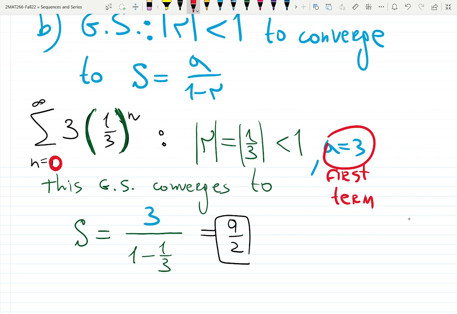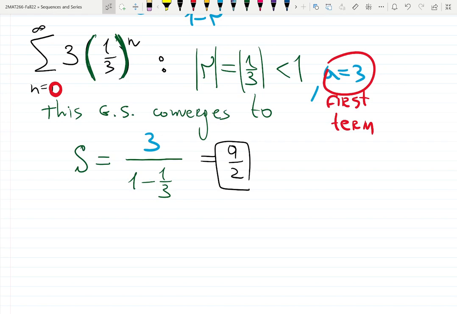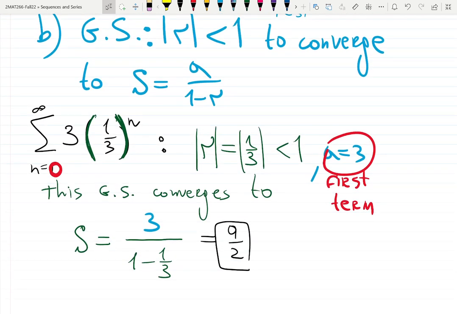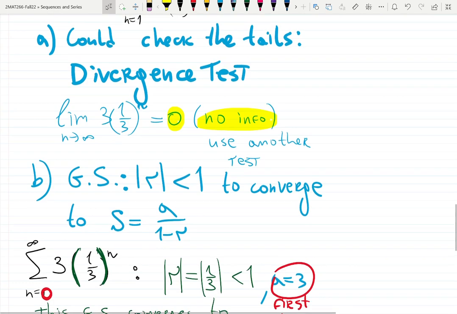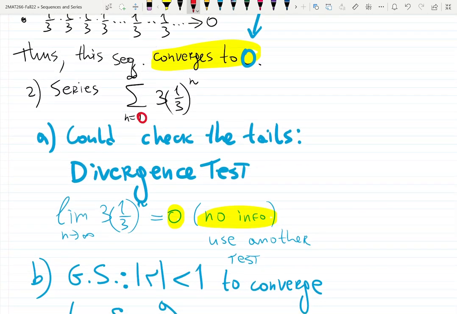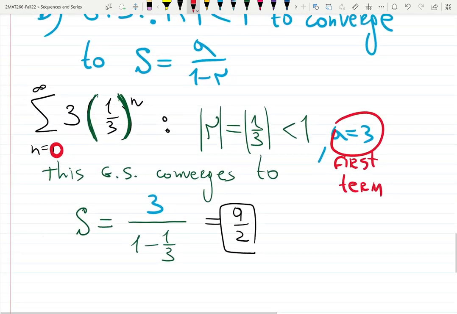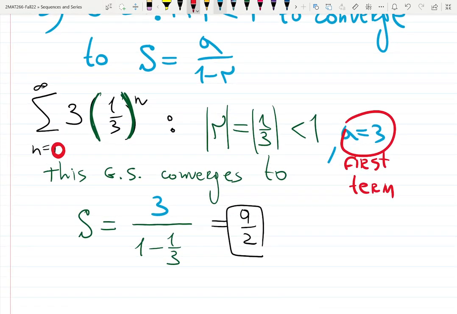So if n starts from 0, a indeed is 3. If n starts from 1, then it will be 3 times 1/3, which is 1. Very good. Good job. Let's start from 0. You can ask me, how do you know where to start? This is actually the case when I choose. That's basically the choice. So it's the first term, not just the sticking out number over there.